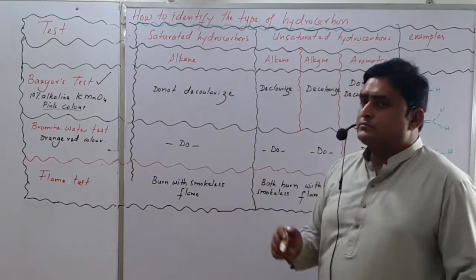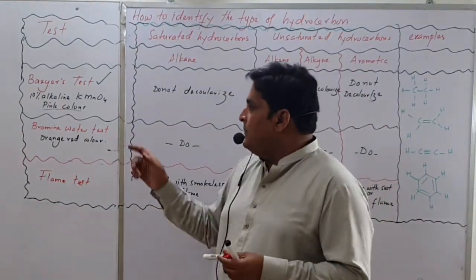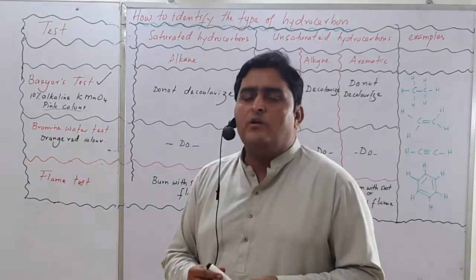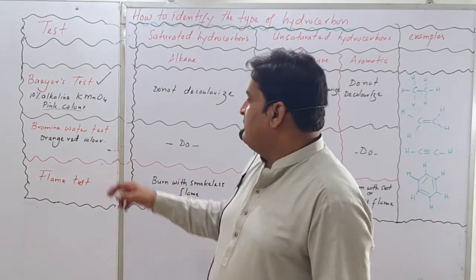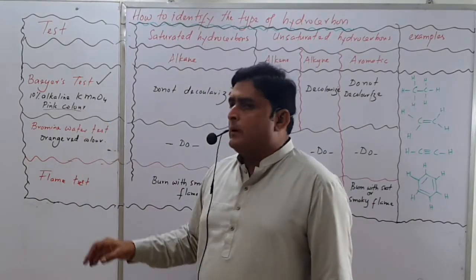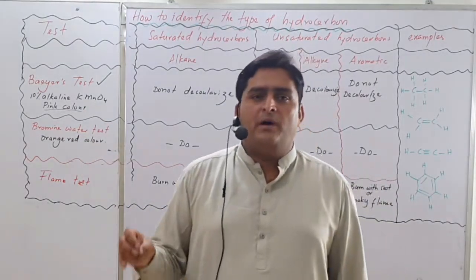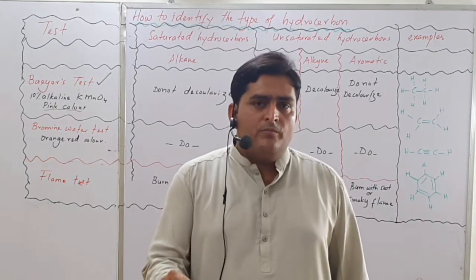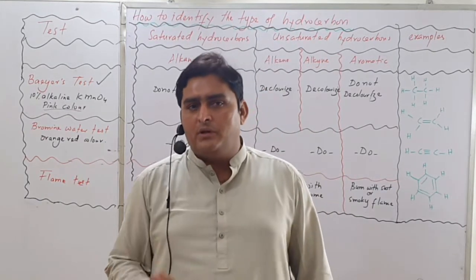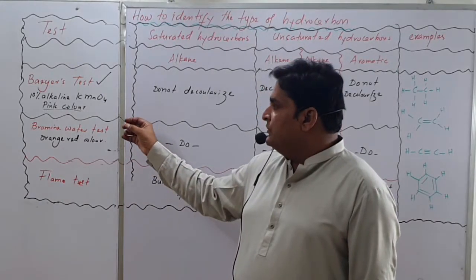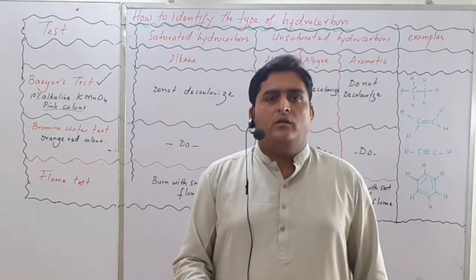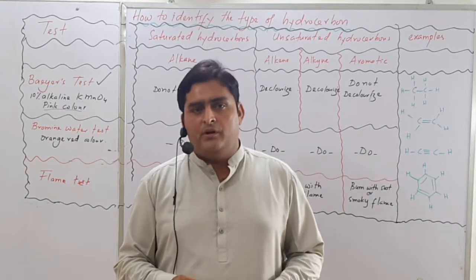So what is happening in this test is that unsaturated hydrocarbons such as alkenes and alkynes decolorize the pink color of Bayer's reagent. When we put a few drops of Bayer's reagent in an alkene, its pink color will disappear. When we put a few drops in an alkyne, its pink color will disappear.